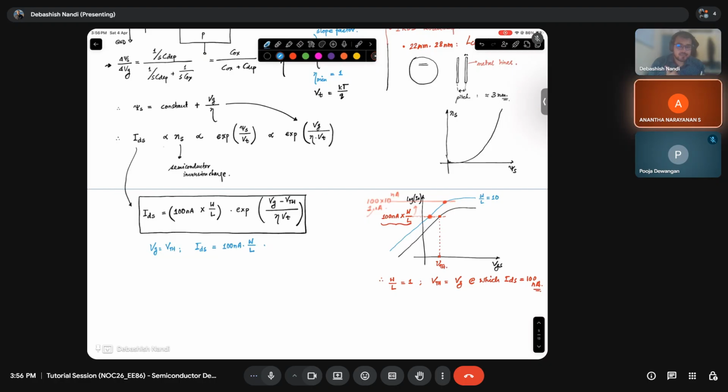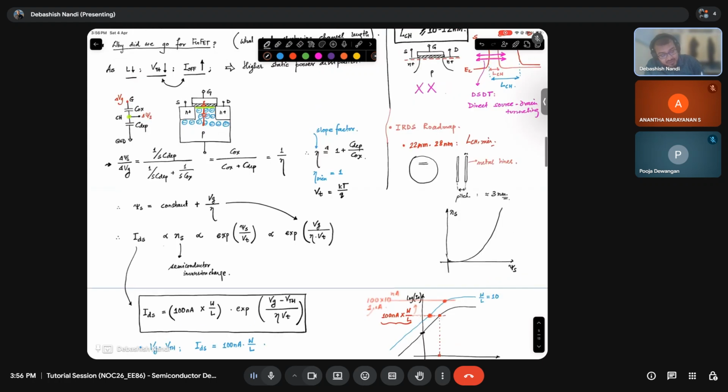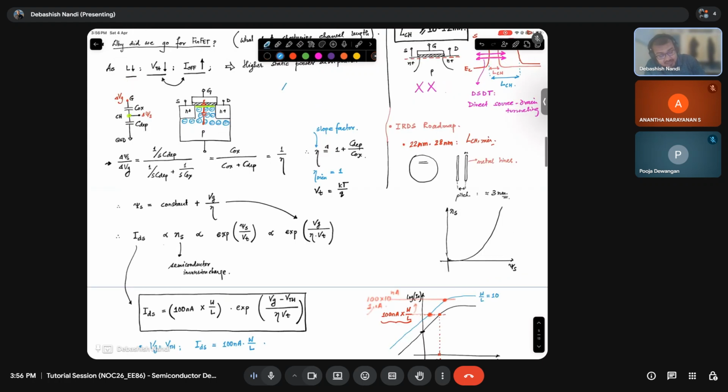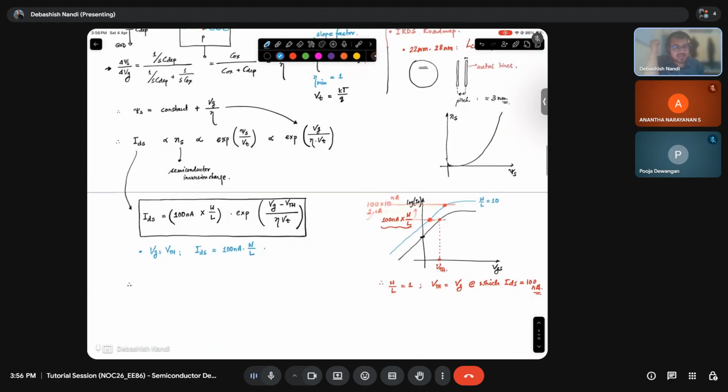Yes, sir. Right? So if that is so, what is your Ioff? Ioff is the current where your gate voltage is 0 and Vd is set to VDD. Whatever we are discussing so far is for a long channel transistor, so in my IDS equation I will not have any VDS dependency.